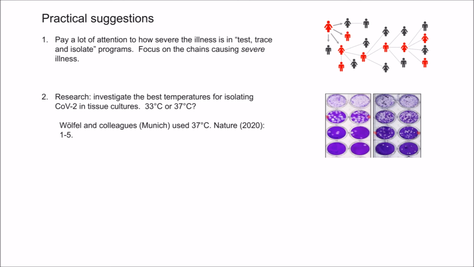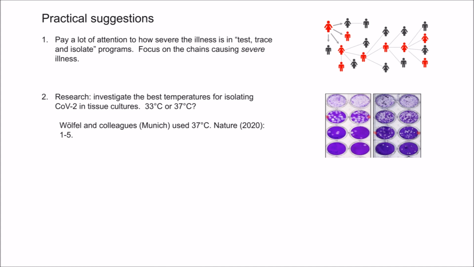Another very simple experiment that could be done straight away would be to investigate the best temperatures for isolating CoV-2 in tissue cultures. The scientific literature says that some respiratory viruses are easier to isolate at 33 degrees centigrade, whereas others are easier to isolate at 37.